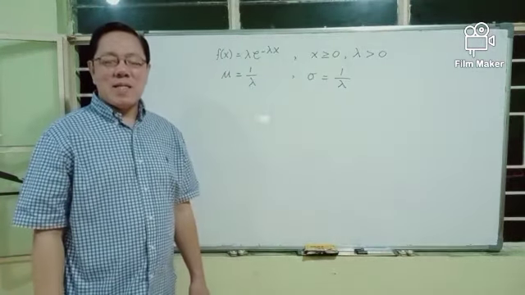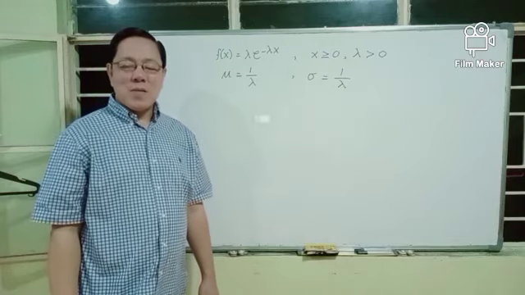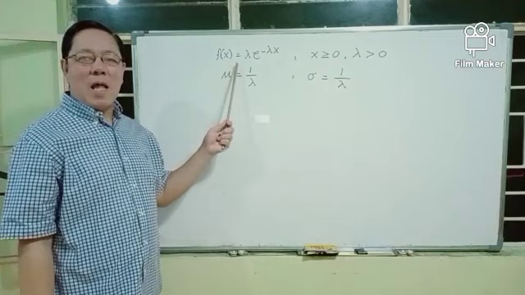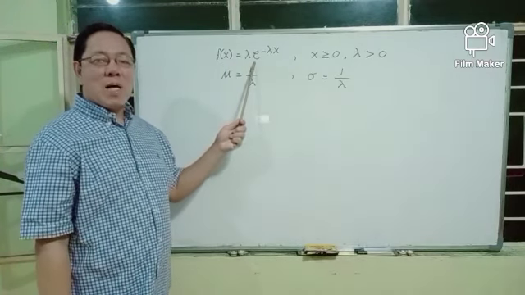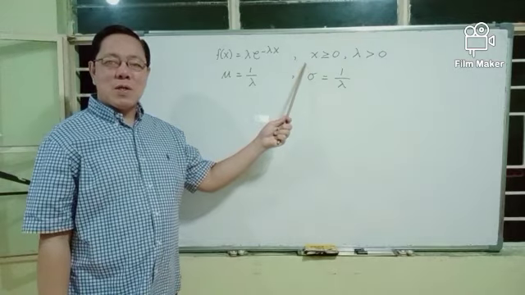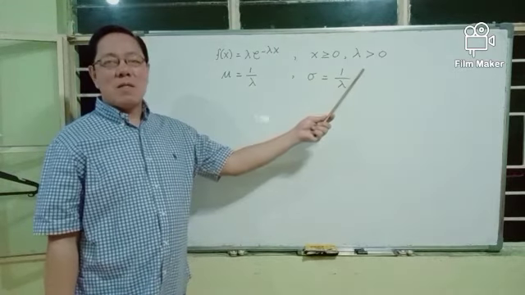The probability density function for the exponential probability distribution is given by f of x equals lambda times e to the minus lambda multiplied by x, for x greater than or equal to 0 and lambda greater than 0.